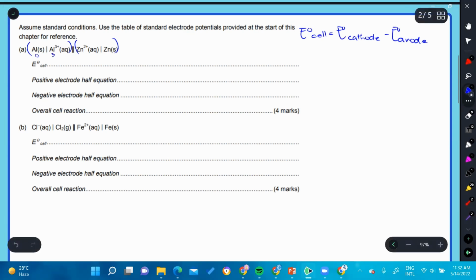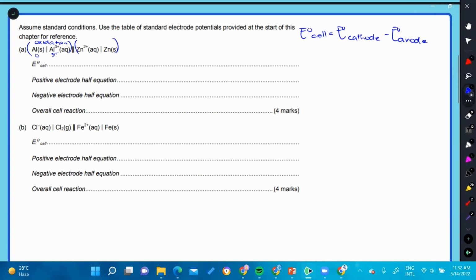It goes from 0 to 3+, which is an increase. So this represents oxidation. That means this aluminum here is your anode. That is if you're not familiar with the reactivity series. If you're familiar with it, you know for sure that aluminum is above zinc in the reactivity series. So that all checks out in your head, right?